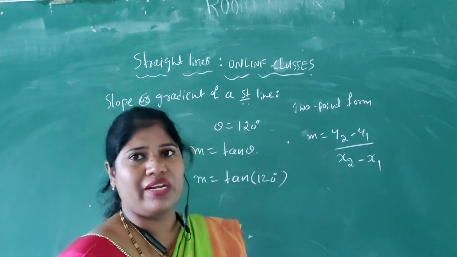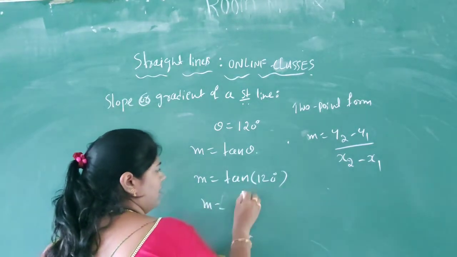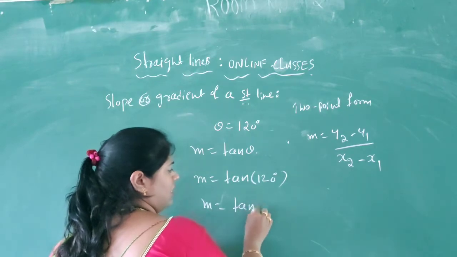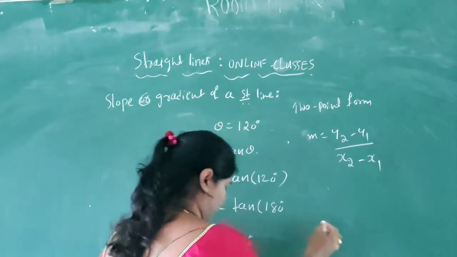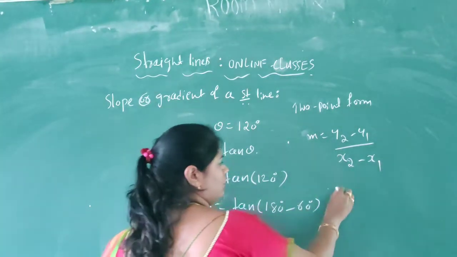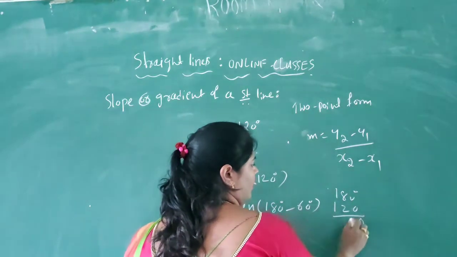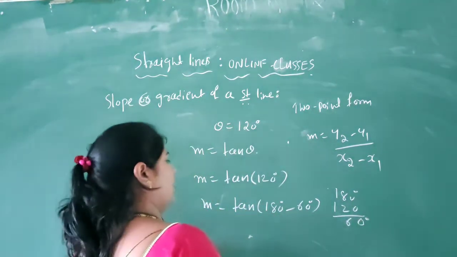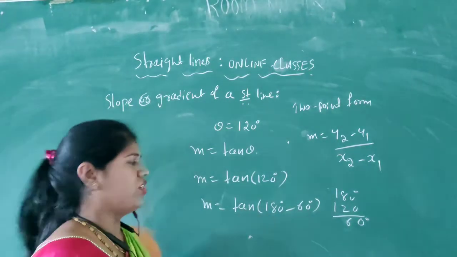Allied angles we have already learned. By this, we can write the equation as tan of 180 degrees minus 60 degrees, because 180 minus 120 gives 60 degrees. So tan of 180 degrees minus 60 degrees.